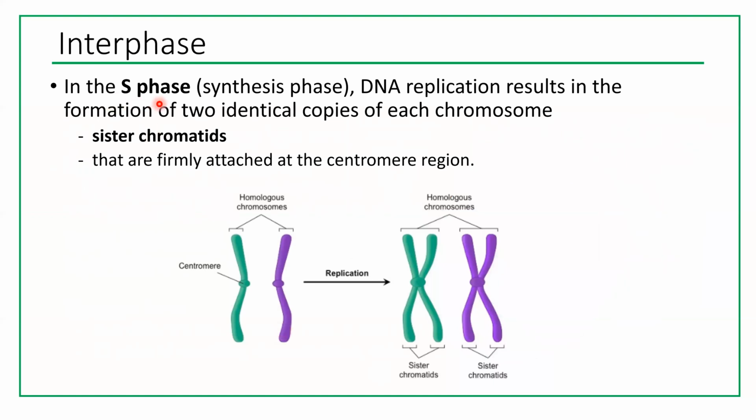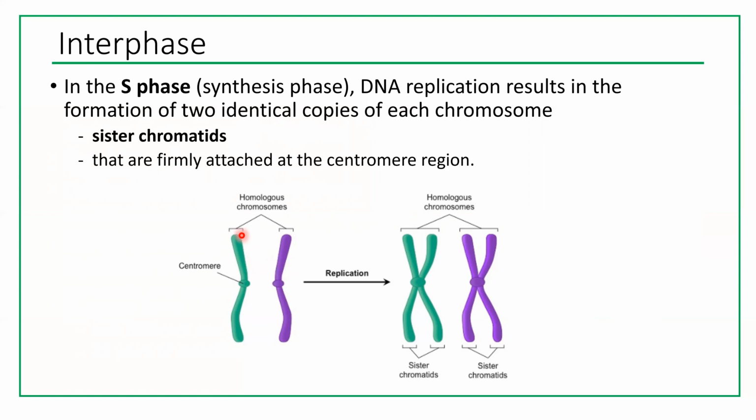In the S phase, or synthetic phase, DNA replication results in the formation of 2 identical copies of each chromosome, sister chromatids. They are firmly attached at the centromere region. So here are 2 chromosomes. They are homologous chromosomes, so they make a pair.